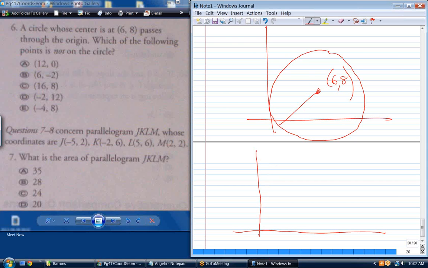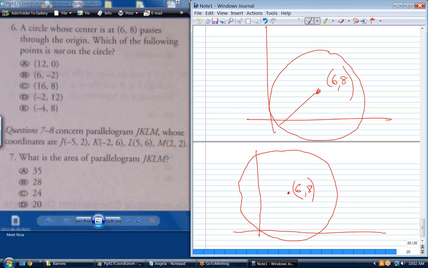So in effect, let's see, if I make the center right there, it goes through the origin. That's a little bit better in terms of trying to figure out whether these points might be on the circle.